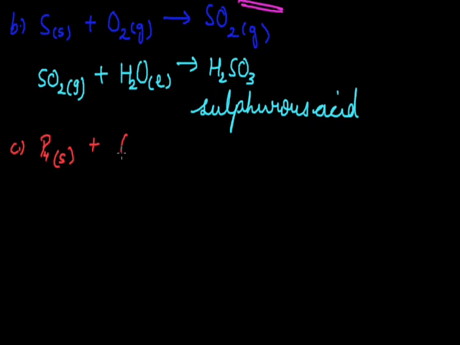This phosphorus, when it combines with oxygen, forms P2O5, that is phosphorus pentaoxide.